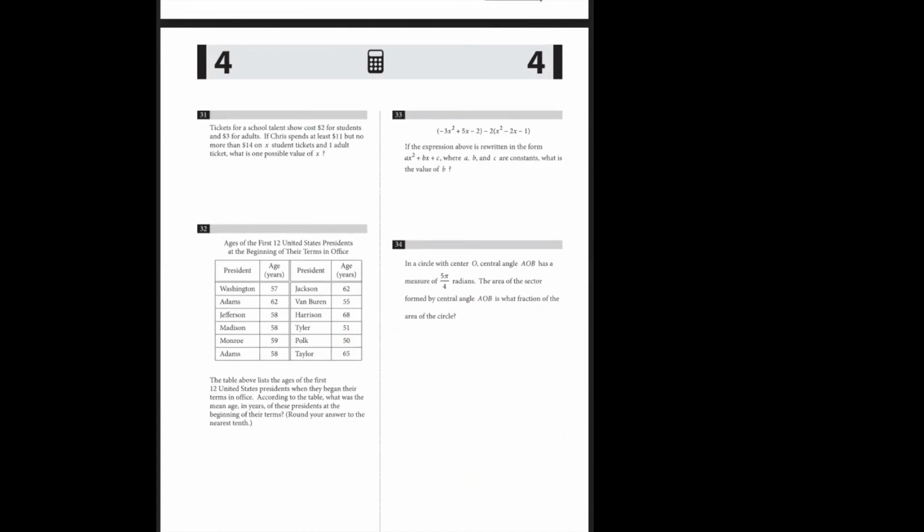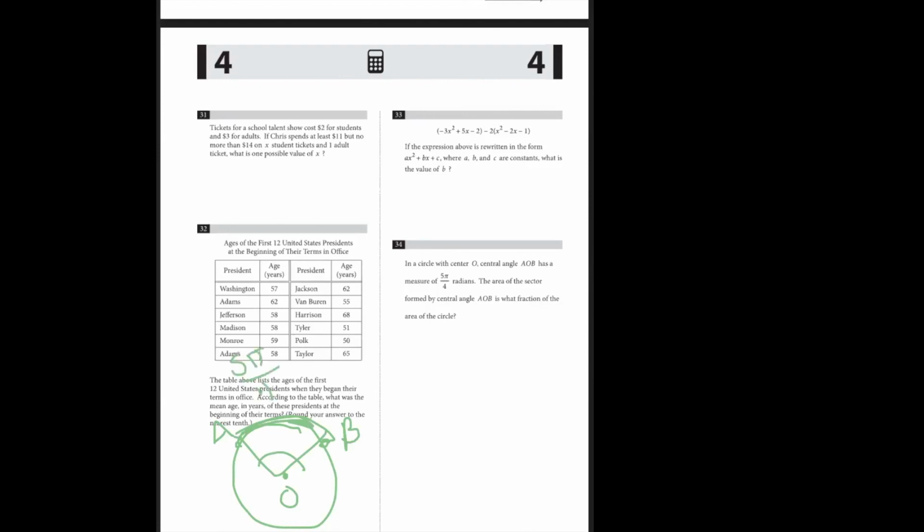I'll draw it out and show you guys what the central angle looks like, just as a review. The center is O, and whatever arc is made by that AOB, this is the central angle. That's what it would look like. And it's telling us that this arc over here is equal to 5 pi over 4.